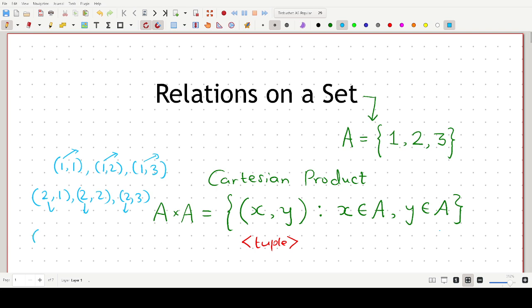And further, you have got 3 comma 1, 3 comma 2, and 3 comma 3, where the first element is 3 in each of these cases. So there are these 9 elements in the Cartesian product.